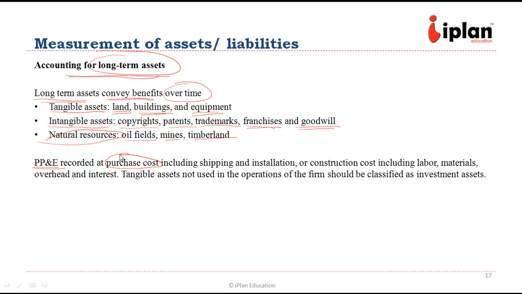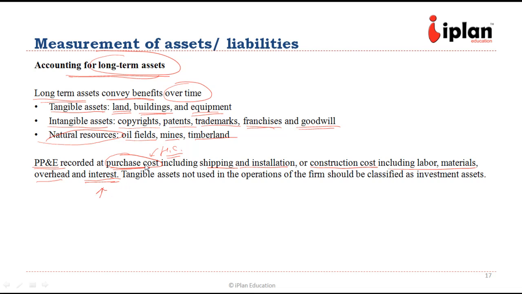Property, plant and equipment are recorded at purchase cost, which is the historical cost. It includes shipping and installation, construction cost, including labor, materials, etc., and also the interest cost which was paid while the plant was being constructed.